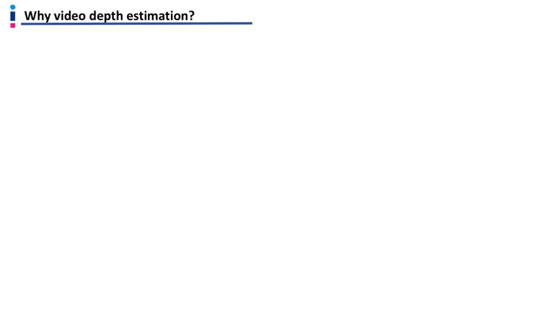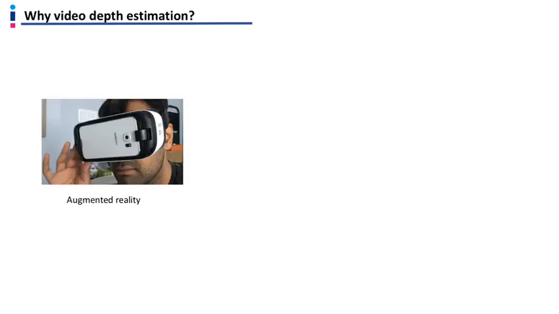Why are we interested in video depth estimation? With accurate monocular depth estimation, a mobile phone with a low-cost monocular camera can enable tremendous augmented reality applications without the need for dedicated depth sensors.